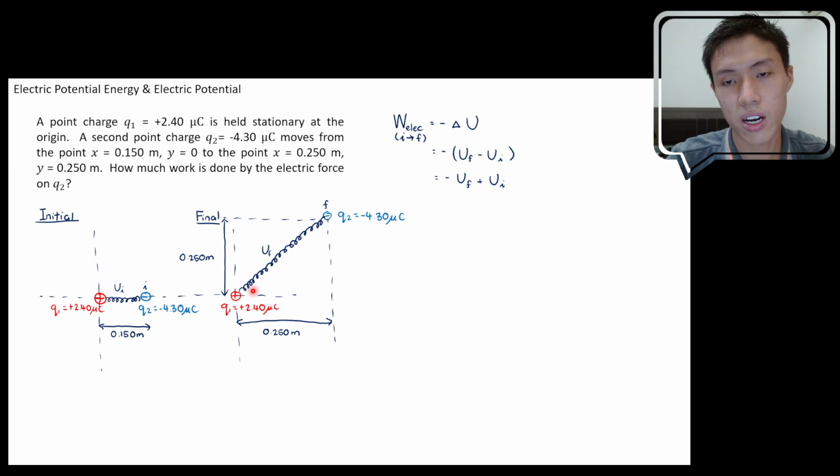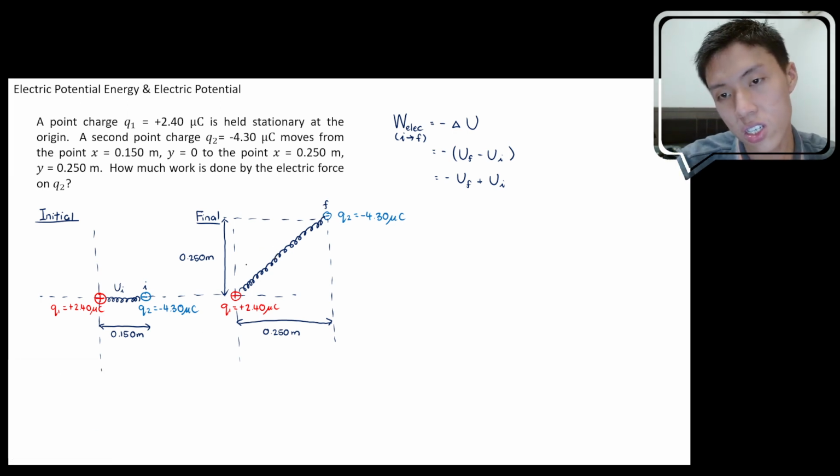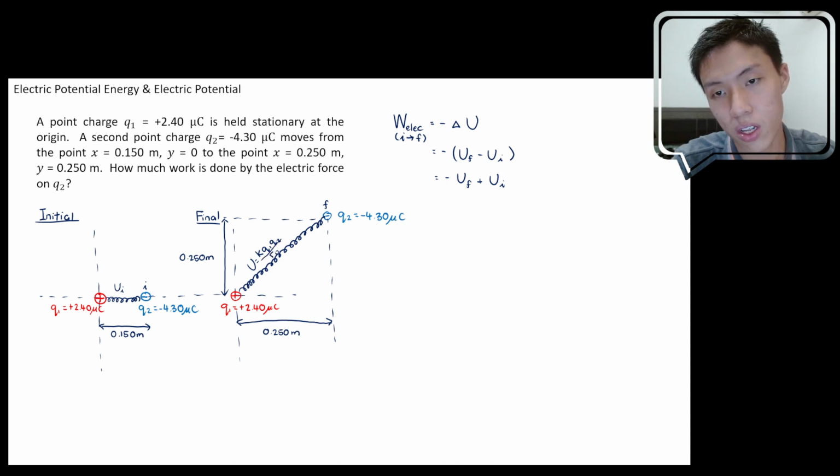So how do you find how much energy is stored in this spring? Actually, we learned about it in class. Let me modify the diagram a bit. If it's two point charges, the potential energy will be equal to K Q1 Q2, the two charges that hold the spring, divided by the length of the spring, which is R12. But in this case, R12 has changed length, right?